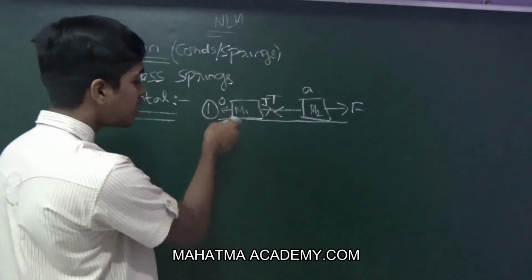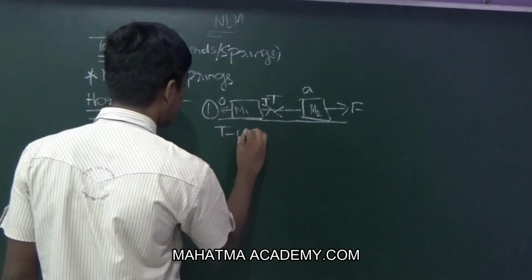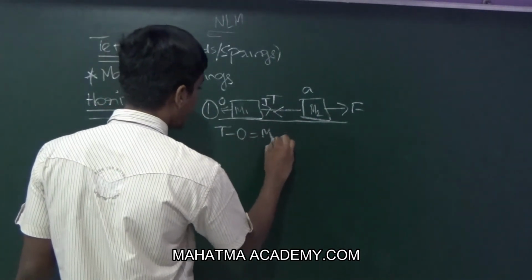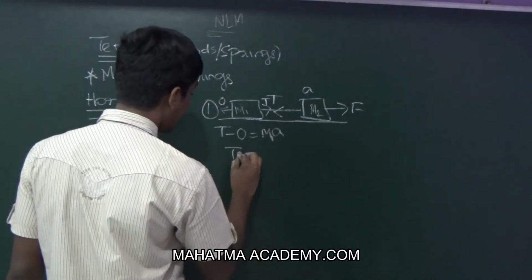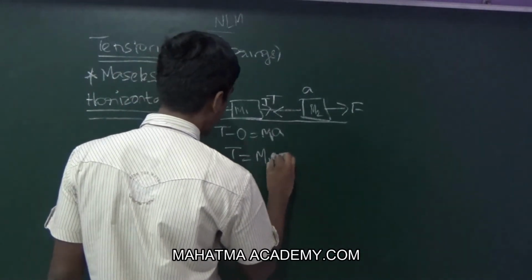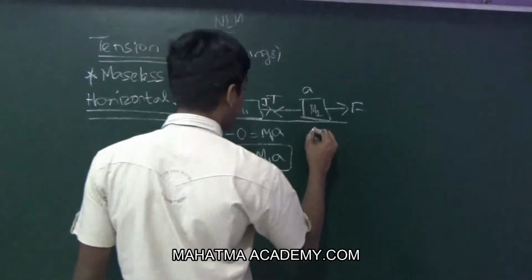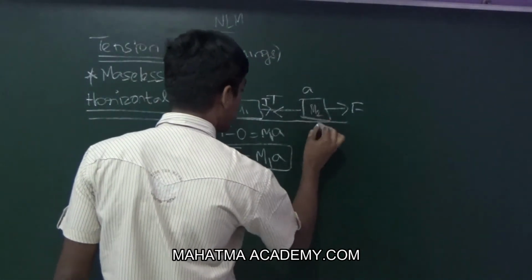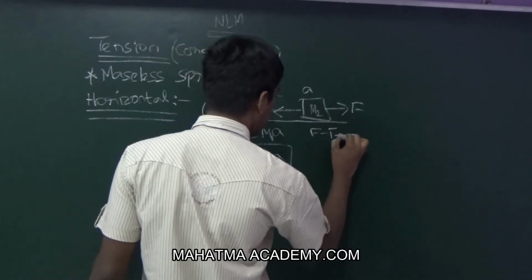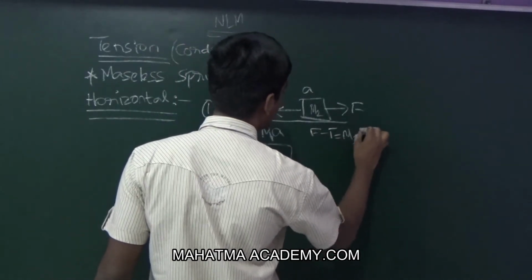For the first block, T minus 0 is equal to m1a. So T is equal to m1a. Okay students, now for the m2, F minus T is equal to m2a.